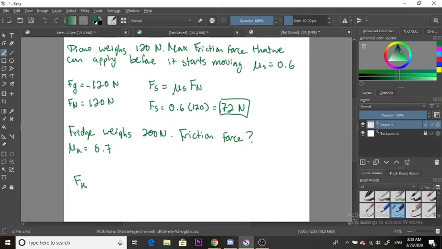So force of kinetic friction is equal to mu of K times the normal force. So 0.7 times 200 will give you a friction force of 140 newtons.